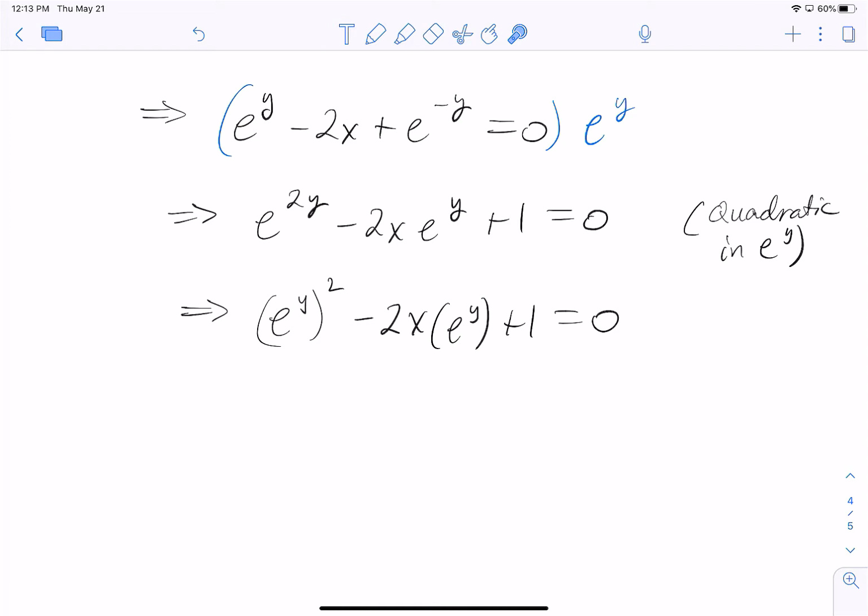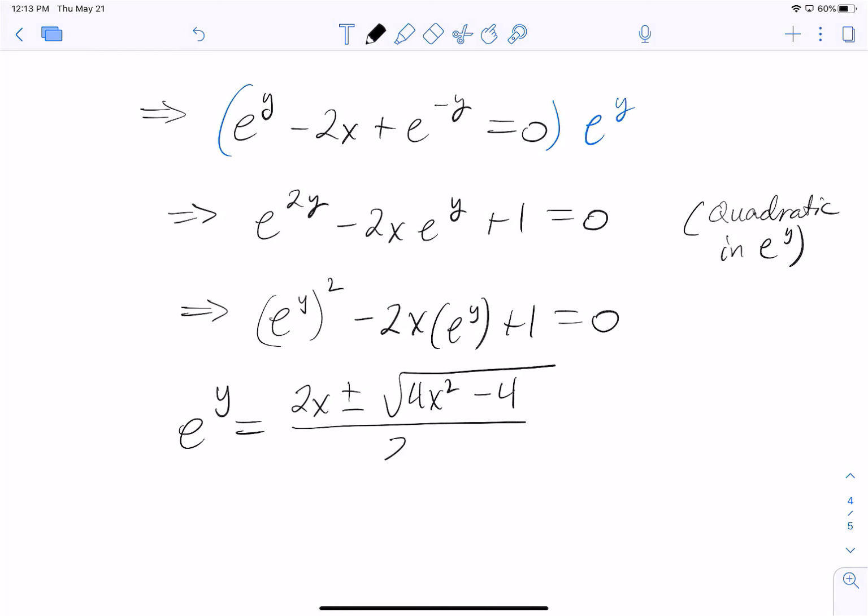Now we may want to gravitate to x, but remembering we're trying to solve for y indicates that I want to set e to the y equal to an expression we get from the quadratic formula. And so e to the y is equal to 2x plus or minus the square root of 4x squared minus 4 all over 2, where our coefficients are 1, negative 2x, and 1.